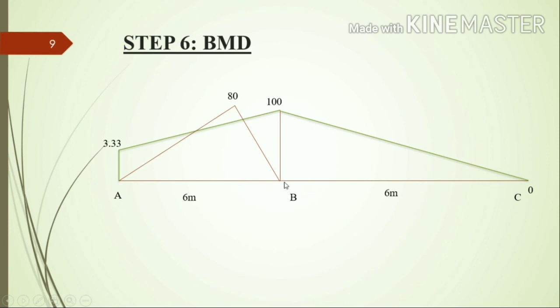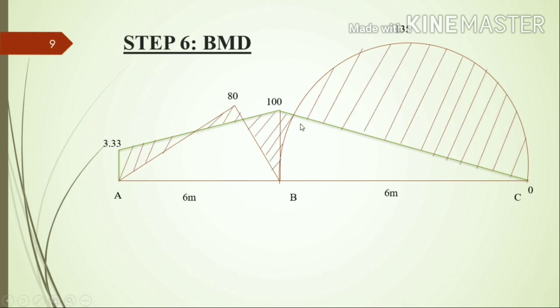Along the span BC there is a UDL acting, hence the bending moment diagram will be a parabola with a maximum ordinate of 135 kilonewton meter at the center. So this will be the net bending moment diagram. Then mark the positive and negative values.